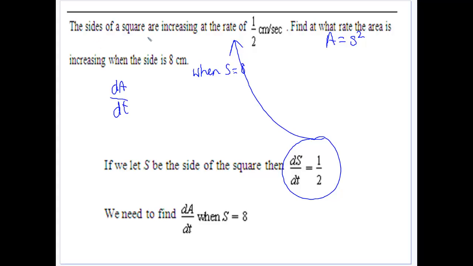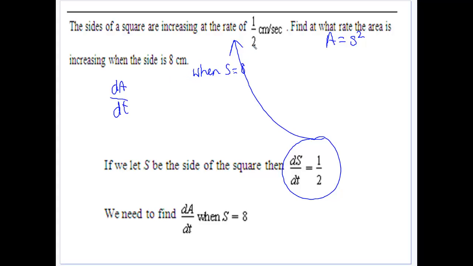You've got a side of a square. It's increasing at a rate of 0.5 centimetre per second. And from that, we want to find the rate at which the area is increasing. So we're told something about the side of the square increasing at a certain rate, but then we want to find the rate of the area. So we have to manipulate, because when we're talking about the rate, we're still talking about something in terms of time.